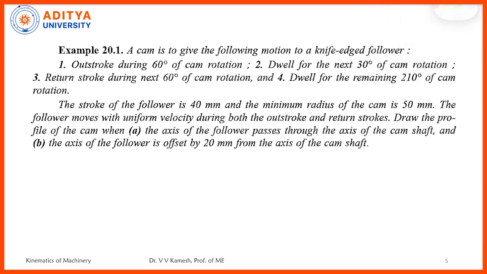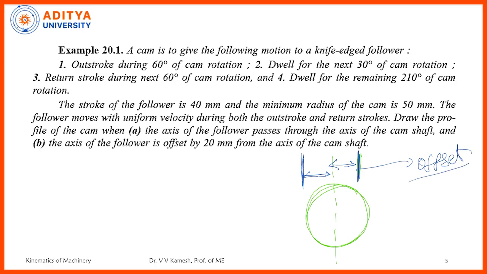This is the cam axis coming like this, but the follower will be somewhere to either the right-hand side or the left side. So there is some shifting. This shifting we call the offset. Here the offset is given as 20 mm from the axis of the camshaft.